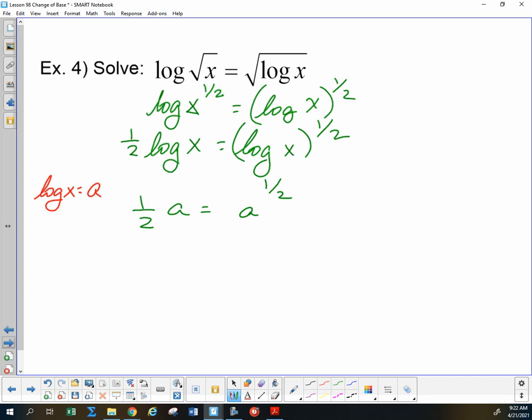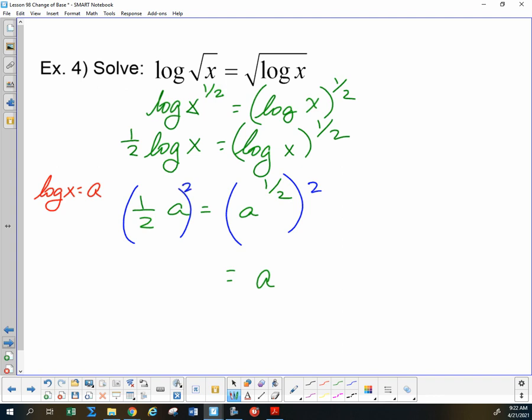What's our method when we're solving a radical equation? When we have root x equals, what do we do? We're going to square both sides on this thing. So that means I need to take this entire side and square it, and this entire side and square it. So on the right, I just have a.